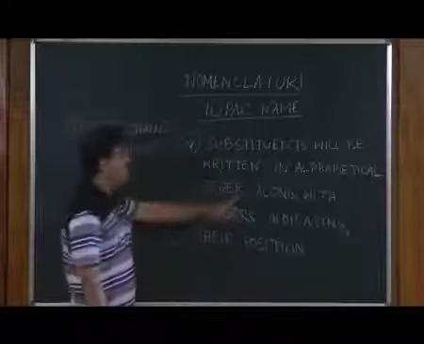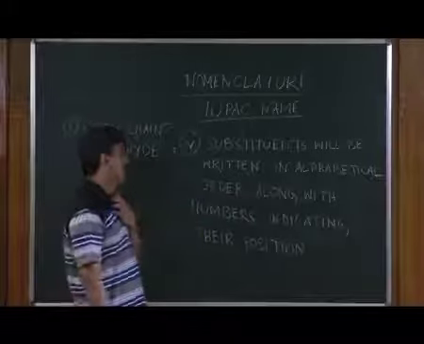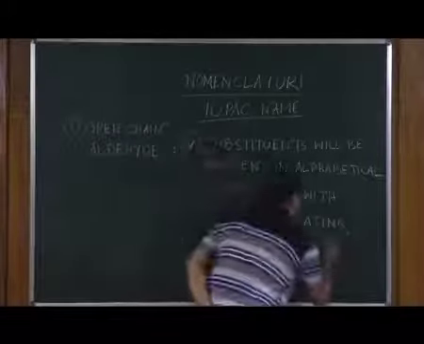So, here this 1, 2, 3 numbering will come, no alpha, beta, gamma, and this will be in prefix.